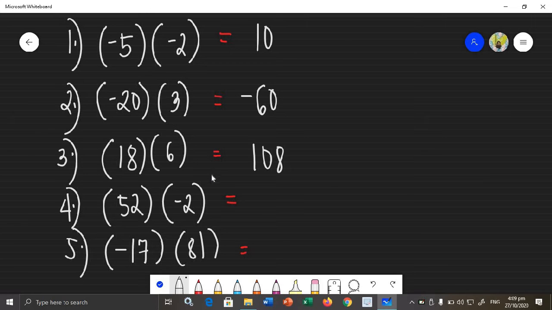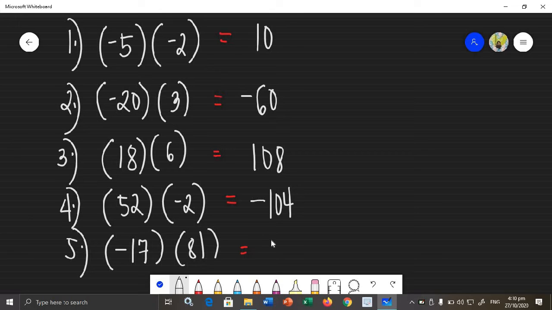Next, number 4. The first one is a positive number and the second one is a negative number, so they have different signs. Therefore, the product is automatically negative. 52 times 2 is 104. The product of example number 4 is negative 104, because the given have different signs. As simple as that. And then number 5: the first one is negative, the second one is positive.